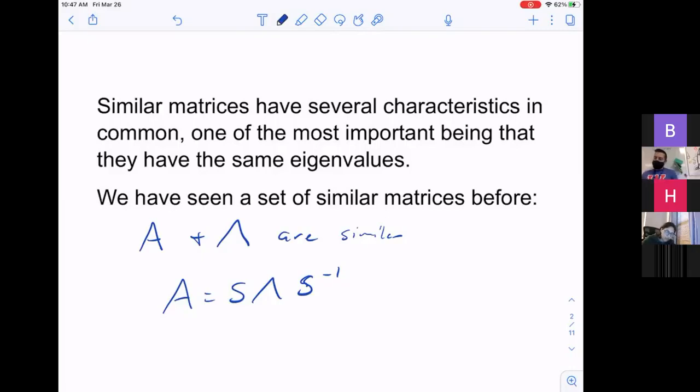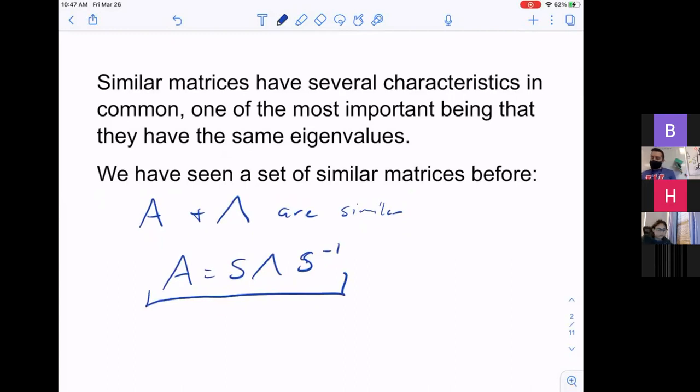And in fact, this is very similar to the definition of similar matrices, other than what we use for S here is very specific. It's the eigenvectors of A. If we put something other than eigenvectors there, if we just put random other numbers in there, we'll get a new set of similar matrices.